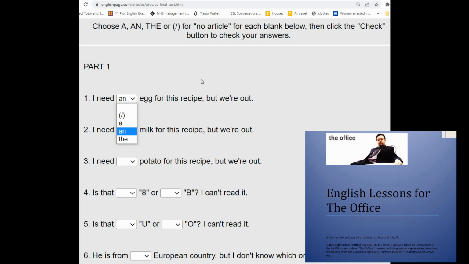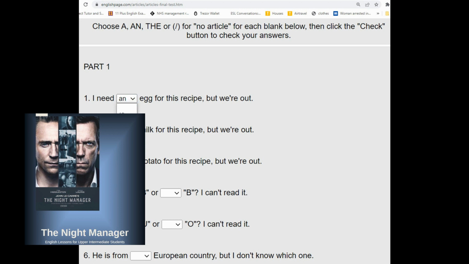You can certainly say I bought 12 eggs. Because it's most of the time countable, you're going to put an a before it, or an an, certainly an an, and it's because you mean one egg. Now, it is possible to say the egg for this recipe, but that means that you have definitely just been talking to the other person about an egg.